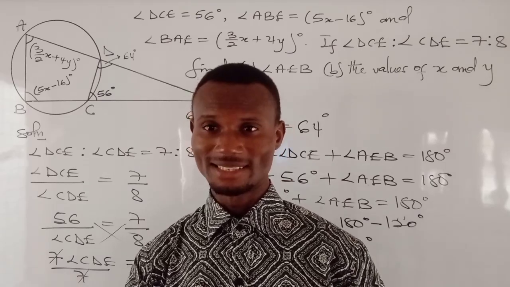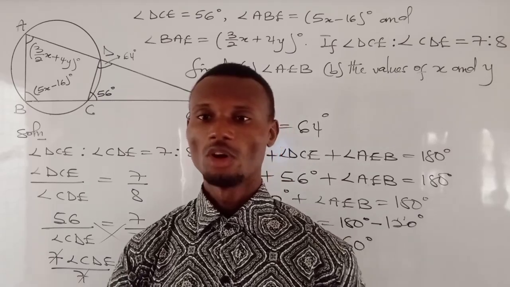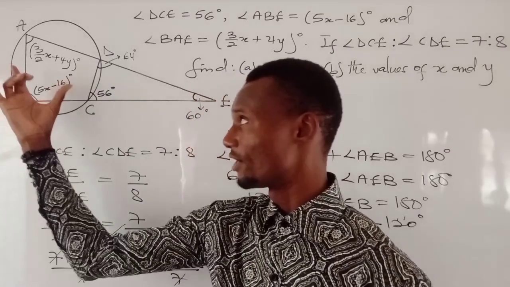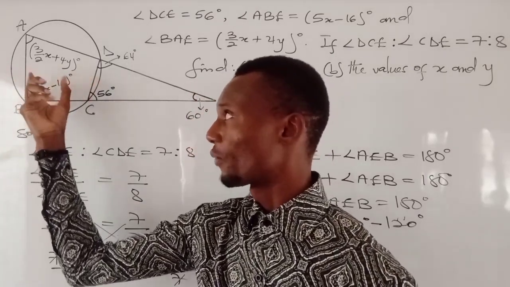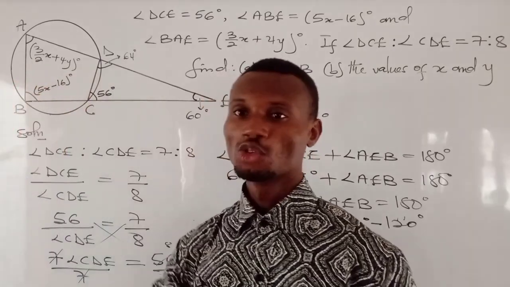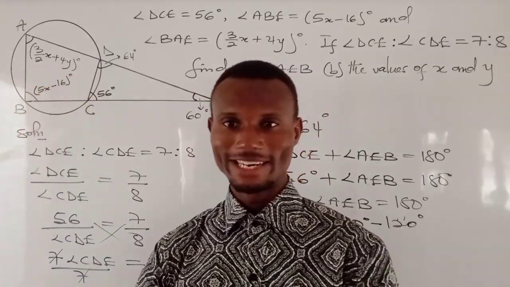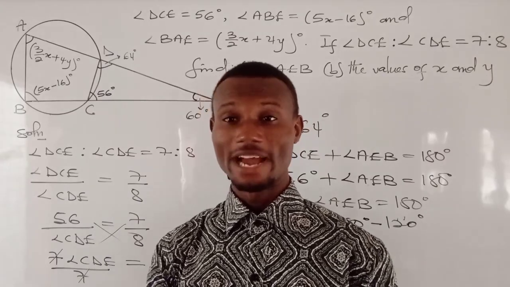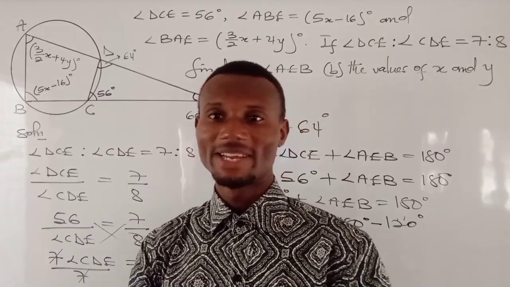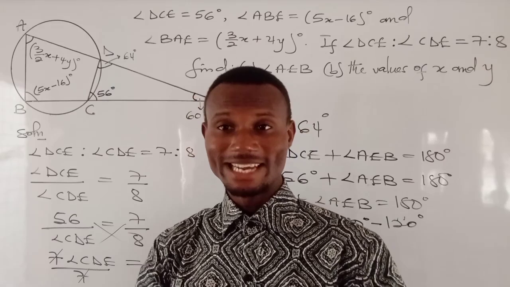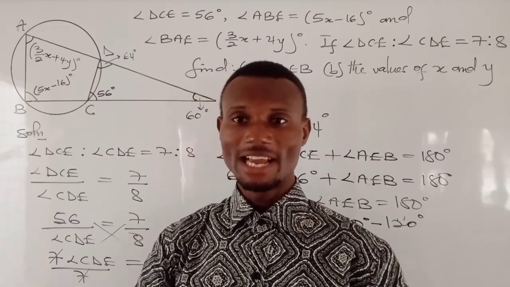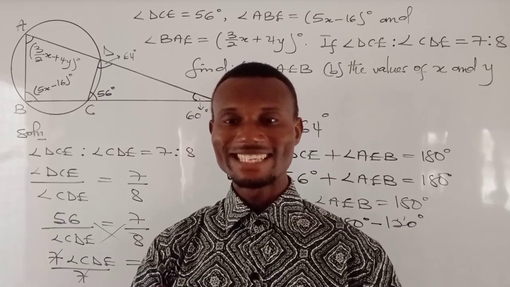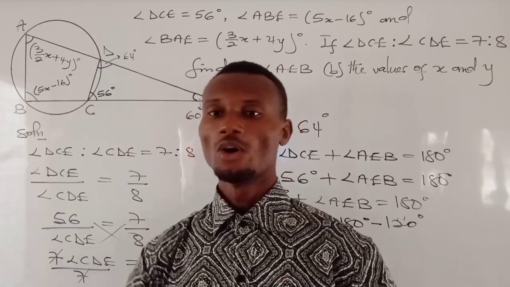I hope you get it. I want to go over one more time. In the case of this one, we have a quadrilateral which is inside a circle, so we call it a cyclic quadrilateral. A cyclic quadrilateral means that we have a quadrilateral which is inscribed in a circle, in such a way that the vertices of the quadrilateral touch the circumference of the circle.